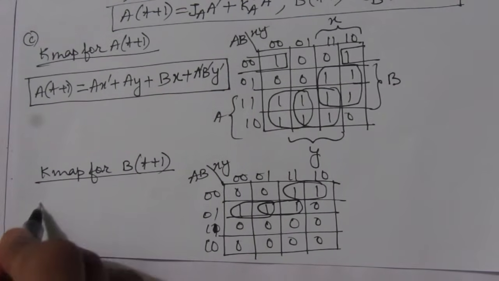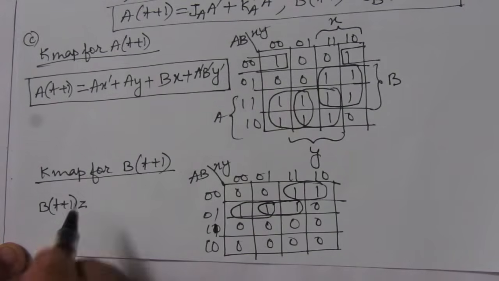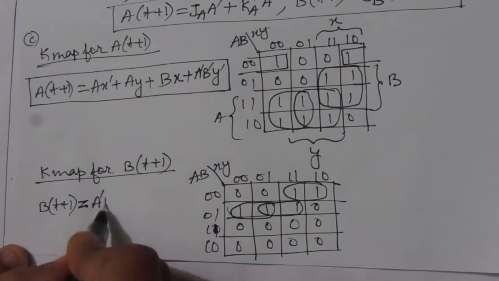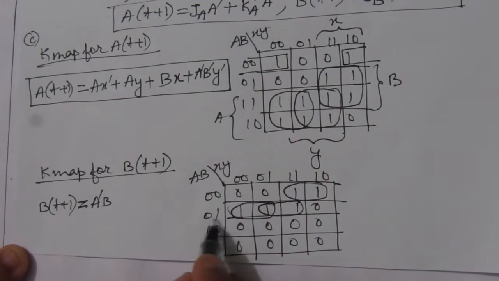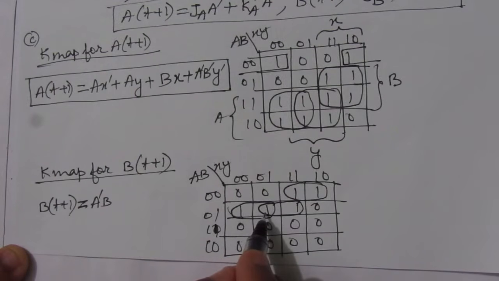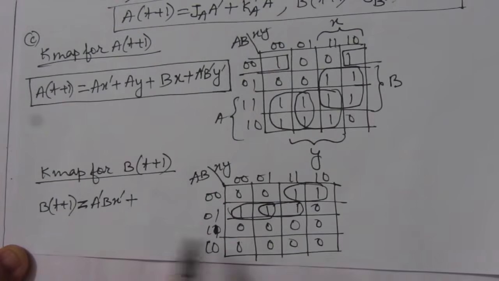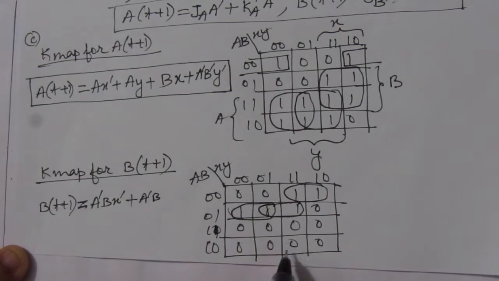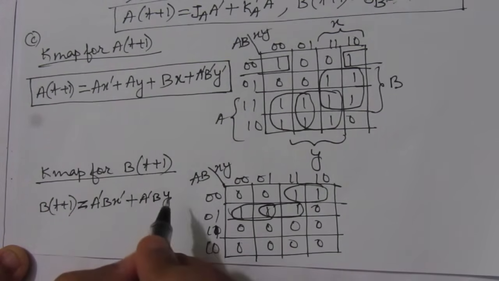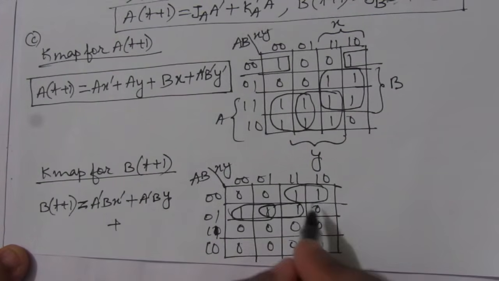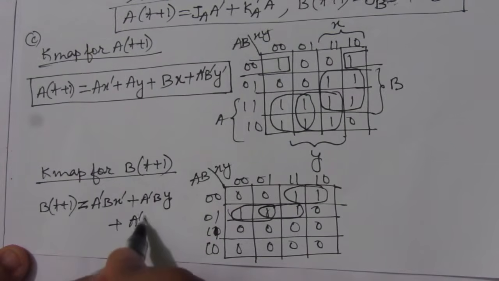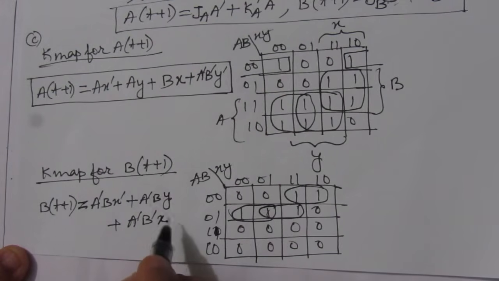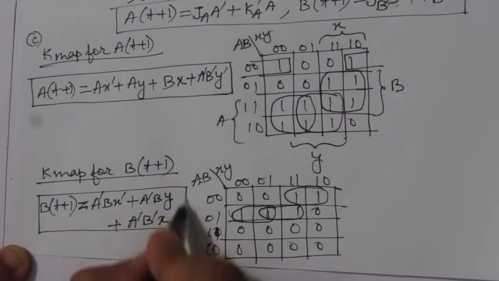So we'll have B of T plus 1 is equal to, from this term we'll have A bar B, and from these two columns we will have X bar, A bar B X bar, plus, for this term we will have A bar B and this will be Y, plus this third term will be A bar B bar, and from the third and fourth columns we will have X. So this is the state equation for B.